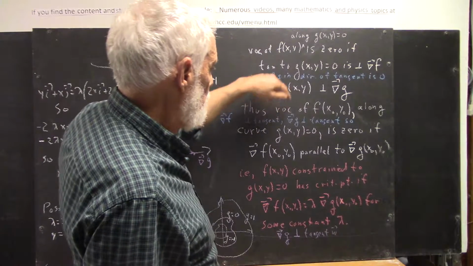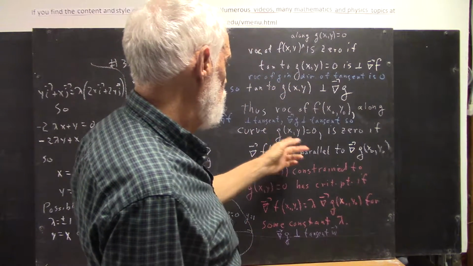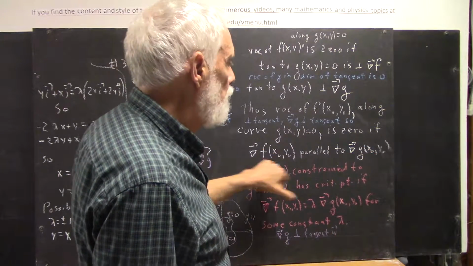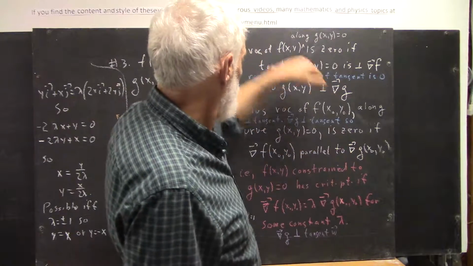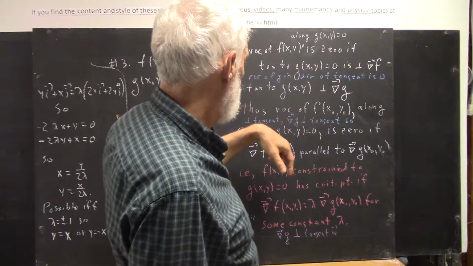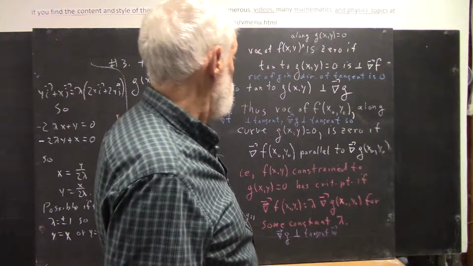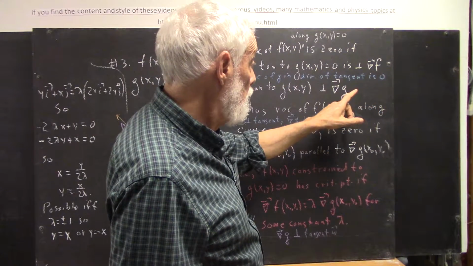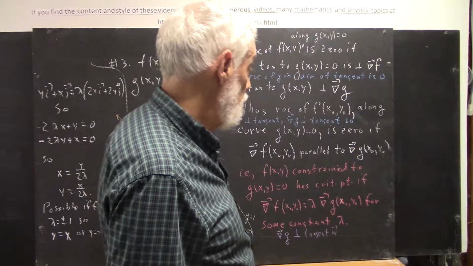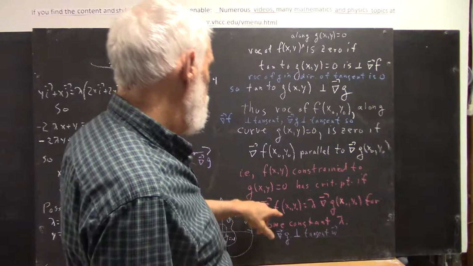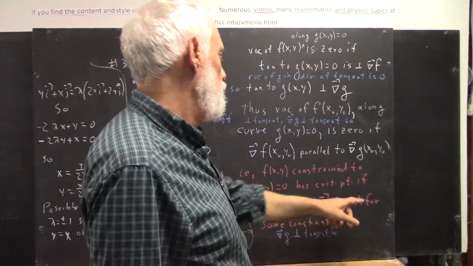It follows then that the rate of change of f at x naught, y naught along the curve g of x,y is 0 if the gradient of f is parallel to del g. Why? The tangent has to be perpendicular to del f, and the tangent is perpendicular to del g. So del f isn't going to be perpendicular to the level curve unless it's parallel to del g, meaning that del f is a constant multiple of del g.